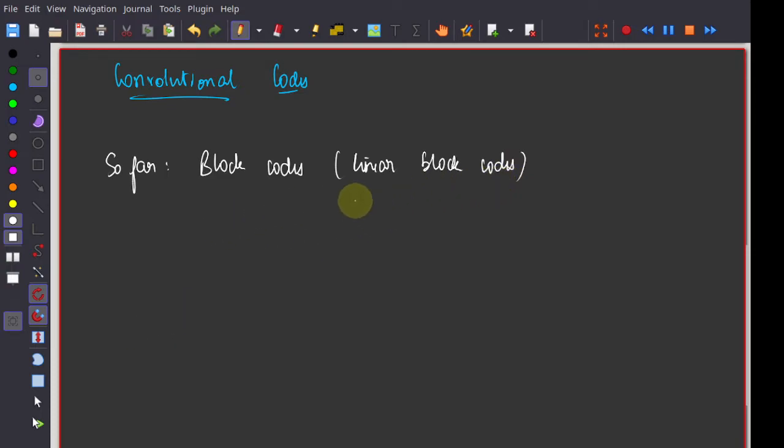And in this case, essentially encoding is linear, and more specifically just matrix multiplication.